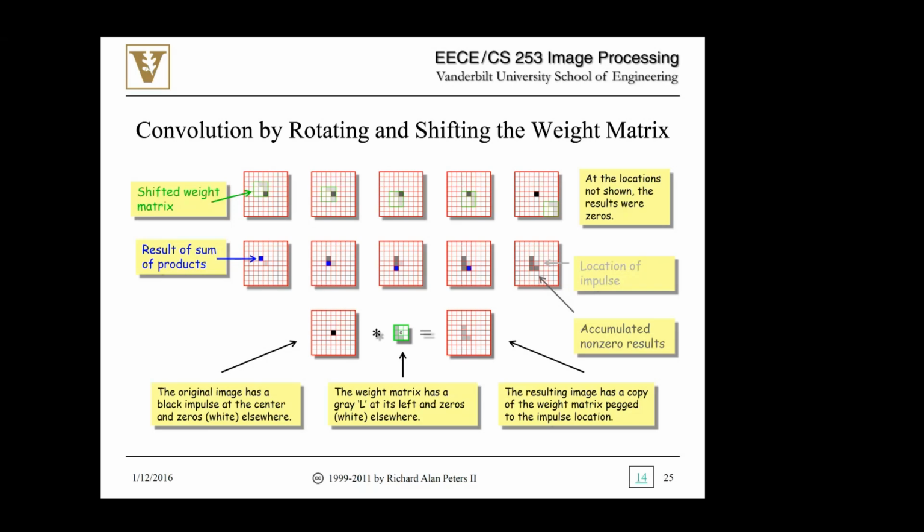So let's keep the positions where the multiplication is different from 0. So this is one of them. So when you move your origin to this space, there is an intersection between the inverted kernel and the delta. You multiply everything. So when you multiply, everything is 0 except this point. This point is 1. And then it is a lot of zeros plus 1. And then you put that one in this location. This is the blue location here.